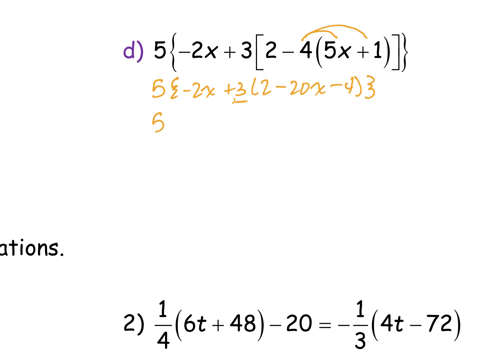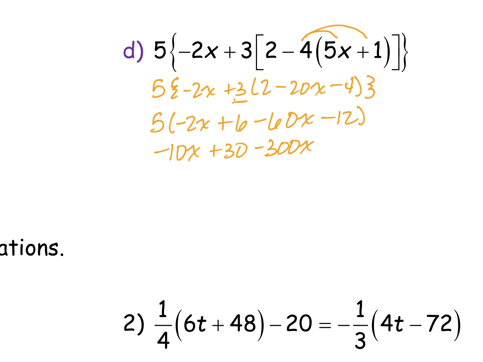So then I've got 5 times -2x plus 6 minus 60x minus 12. And then distribute the 5. So I've got -10x plus 30 minus 300x minus 60. Combine your like terms: -310x minus 30.